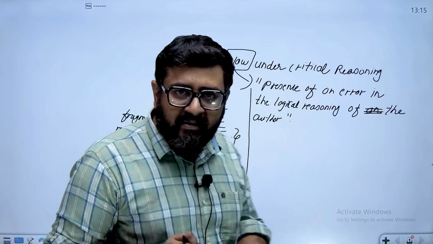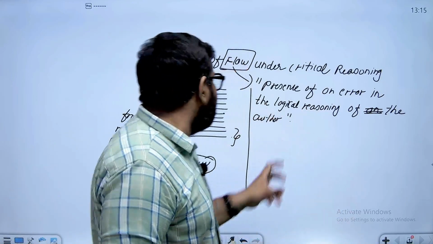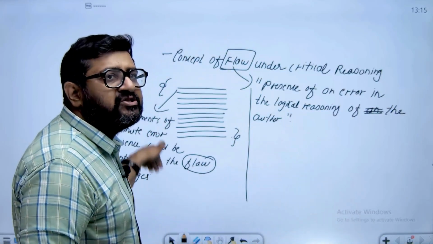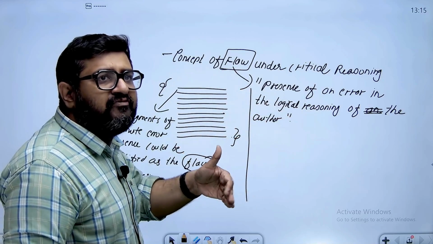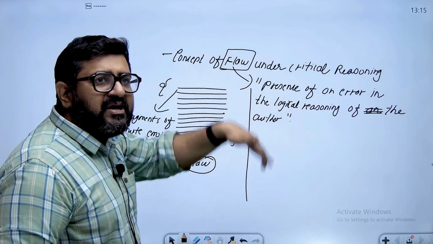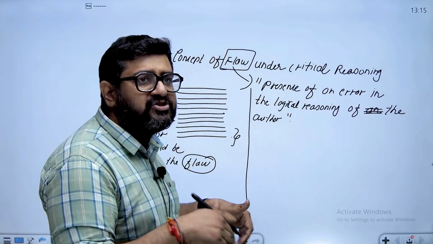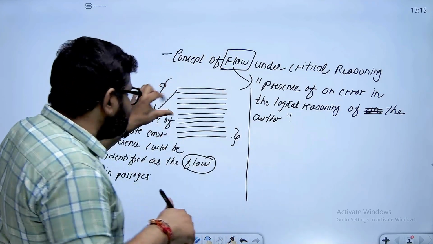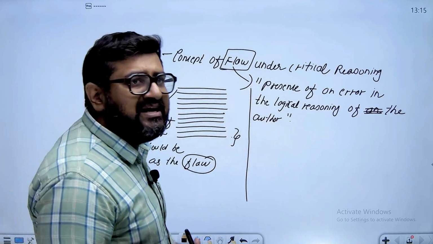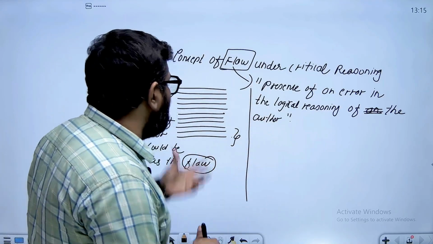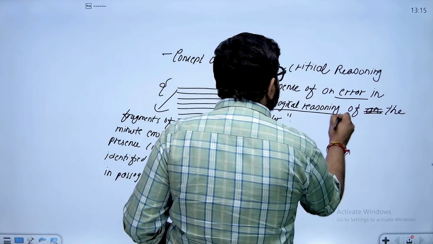Rather, it is the error which the author concerned has committed in the creation of the superstructure of the passage, which has become an inherent feature of his reasoning. So flaw is basically the presence of an error in the logical reasoning of the author.